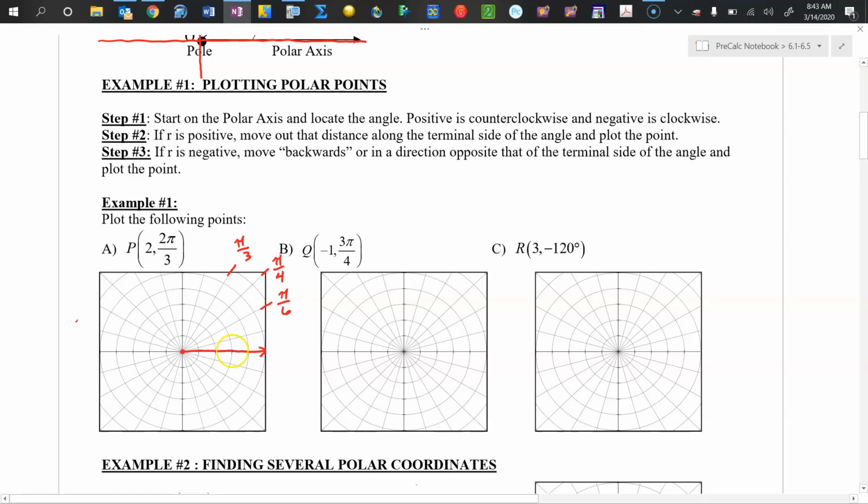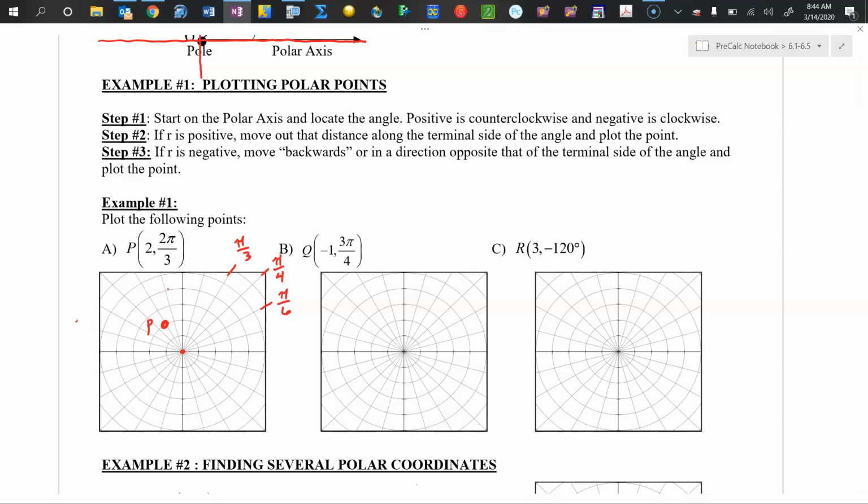So we will start at 0 radians or 0 degrees and rotate to an angle of 2 pi over 3 or 120 degrees and draw in the terminal side of our angle. Now that we've found our directed angle, we are going to move from the pole 2 units in that direction and label that point P. Other than the dot at point P, all this other stuff is extraneous information which you can now remove if you like, and we have now located point P.